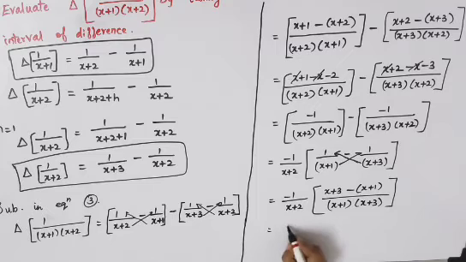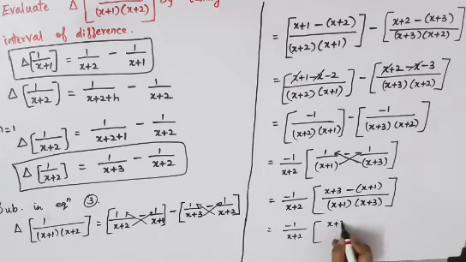So the next step is minus 1 divided by (x plus 2) as it is, into here (x plus 3), multiply this minus inside, so minus x minus 1 divided by (x plus 1) into (x plus 3).